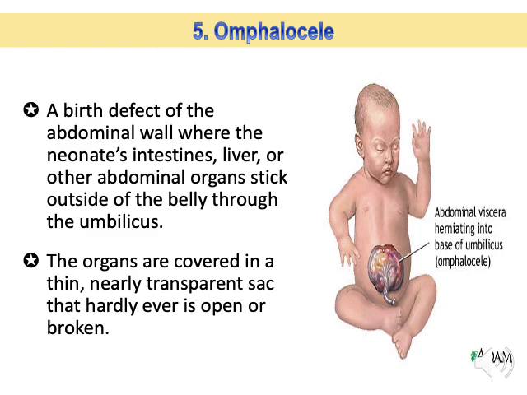As shown in the photo, the organs are covered in a thin, nearly transparent sac that hardly ever is open or broken. Survival rate for omphalocele is about 90%, if omphalocele is the only condition present, but it may also be associated with chromosomal abnormalities and other congenital disorders.